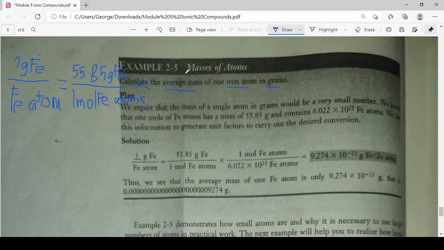Next, for every 1 mole of Fe atoms, since we are finding the mass, for every 1 mole of iron atoms, we have an equivalent Avogadro's number of 6.022 times 10 raised to the power of 23 Fe atoms.